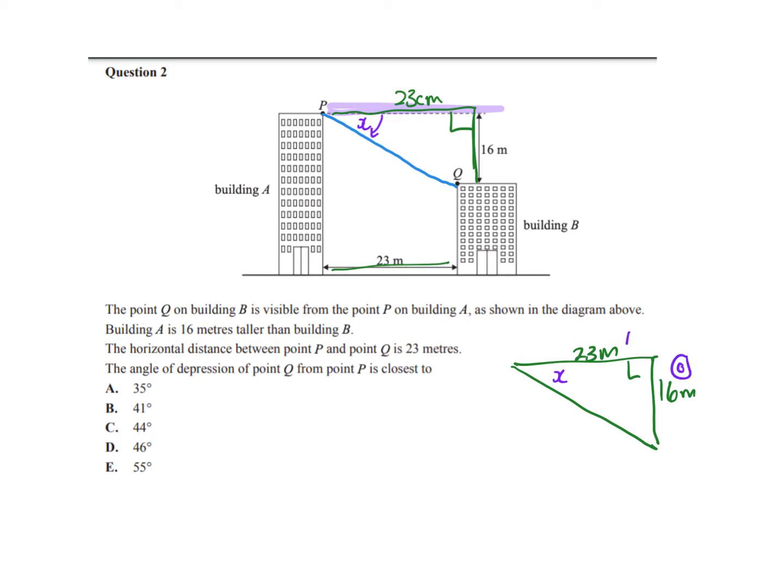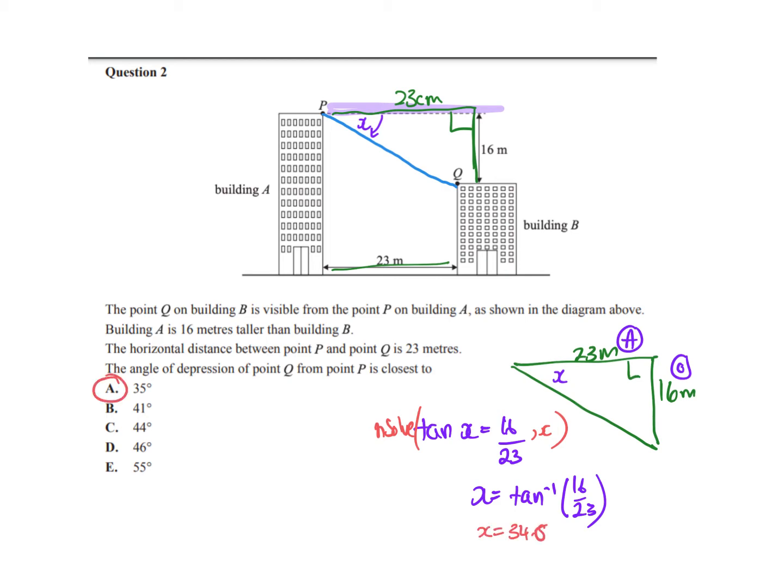I've got opposite over adjacent, so tan x equals 16 over 23. So x is going to be the inverse tan, or you can use NSolve if you like, that's fine. So we get x to be 34.8, so I'm going to say, closest to a whole number, 35.